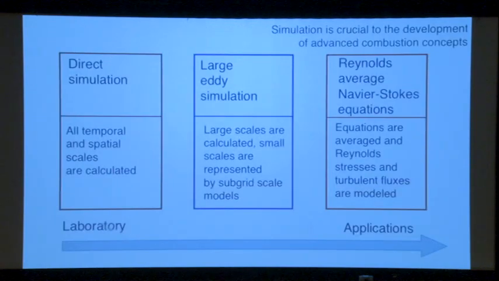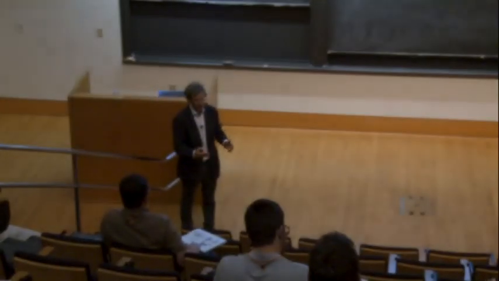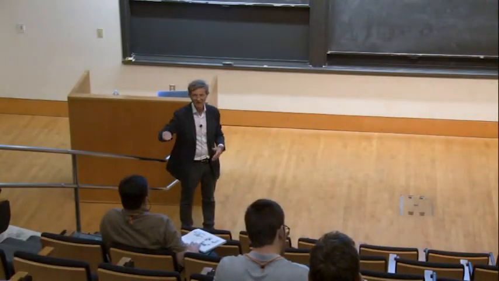Now we have 3 groups of simulations. If we look at applications, a lot of the applications are done with Reynolds-averaged Navier-Stokes equations. This is for turbulent combustion, for example. You take the Navier-Stokes equations and you use averaging.